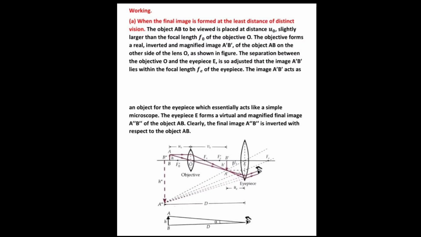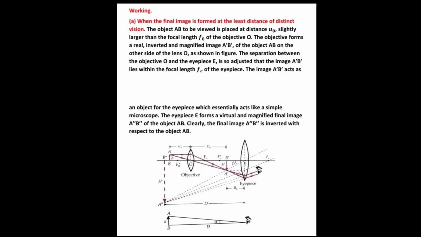This object is to be viewed at a distance u0, slightly larger than the focal length f0 of the objective. The objective forms a real, inverted and magnified image A'B' of the object AB on the other side of the objective lens, and this is also shown in the diagram.